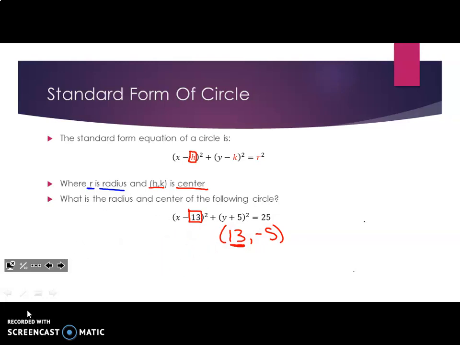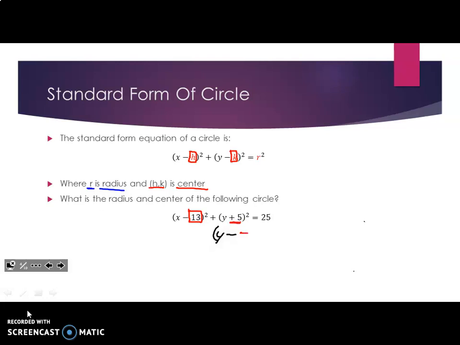Pause it again and see if you can figure out why that is a negative 5. Here's the explanation. Again, this is a y minus k, which means that this part in parentheses has a standard form of y minus. So if that's a y minus, how did they end up with a positive 5 there?